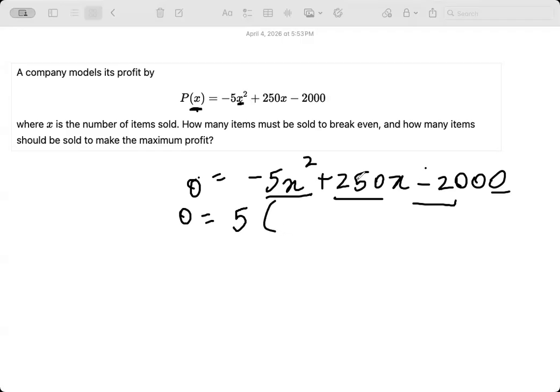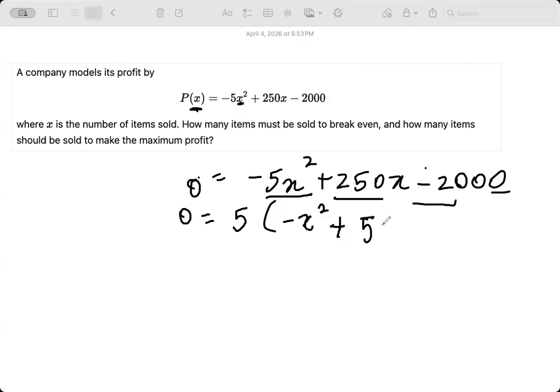It would be negative x square, then plus 250x. No, 5 you took it out, right? X, right? Plus what x? Plus 50x.